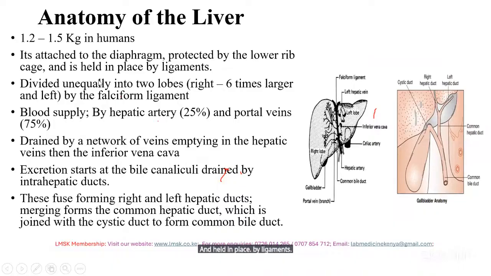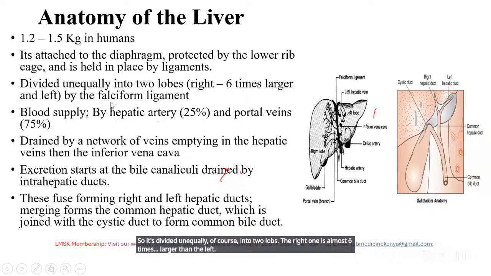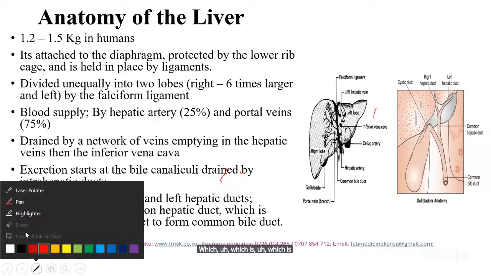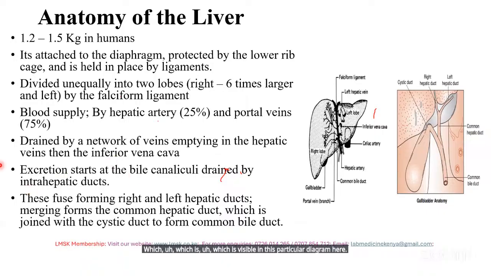It's divided unequally into two lobes. The right one is almost 6 times larger than the left, and it's separated by a falciform ligament, which is visible in this diagram. This one is the falciform ligament that's separating the right and the left lobe.